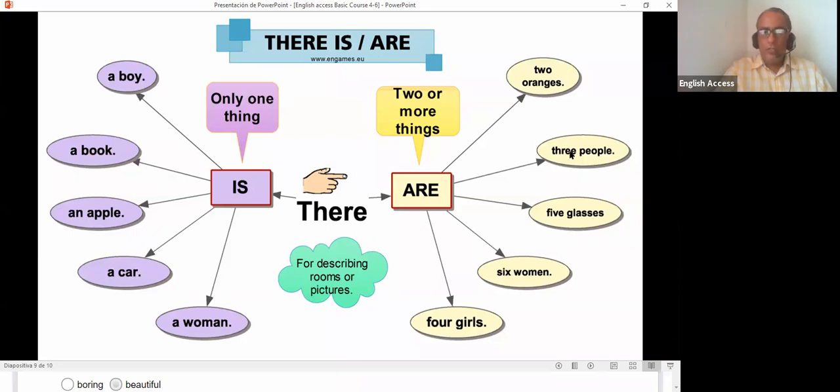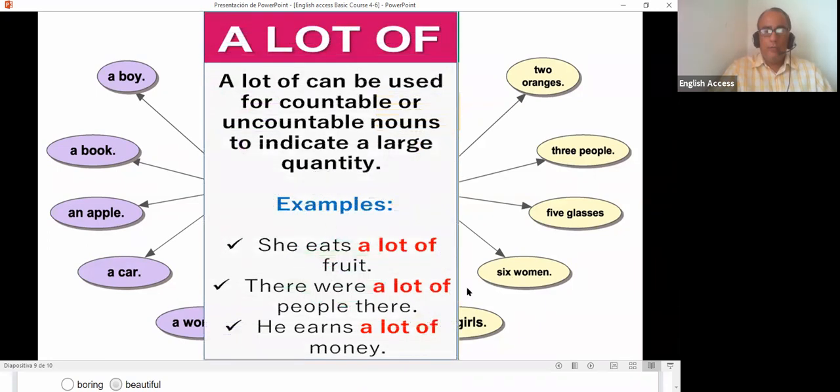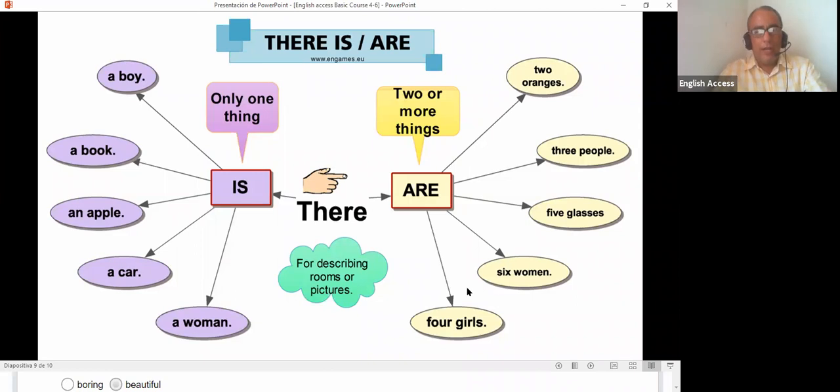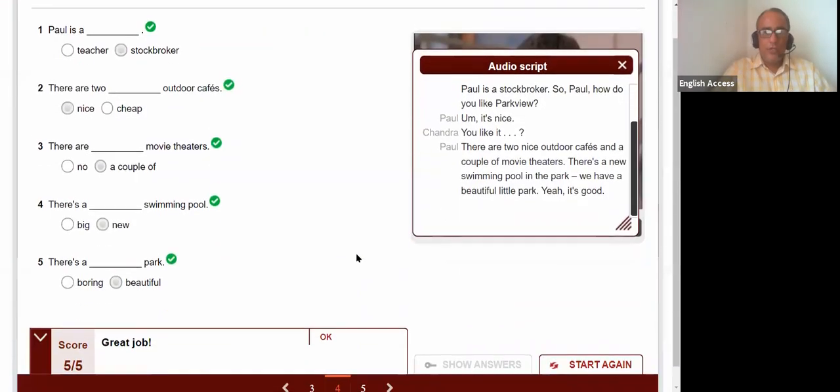There are two oranges, three people, five glasses, six women, four girls. And we use this for describing rooms or pictures, also places. There is only one thing: a boy, a book, an apple, a car, a woman. Okay, let's stop here and continue with the presentation here in the platform.